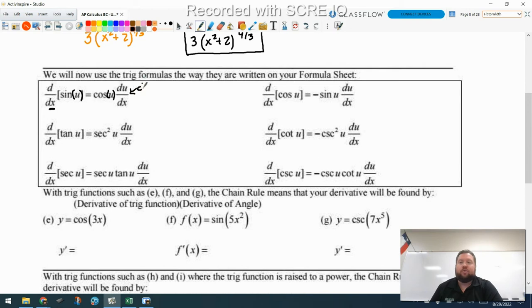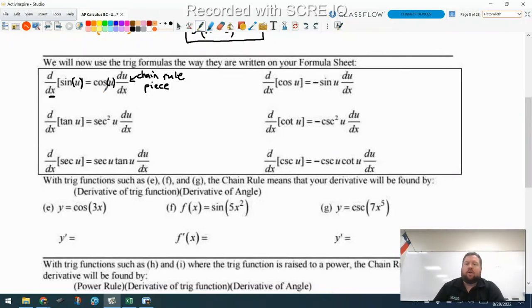This is the chain rule piece. Okay, when we do implicit differentiation, we are going to do a lot of derivatives just like this. Okay, so you'll see this chain rule in action in this similar way. So when you see it written like this, it's the chain rule version of those. All right, so it applies to all 6 of them.